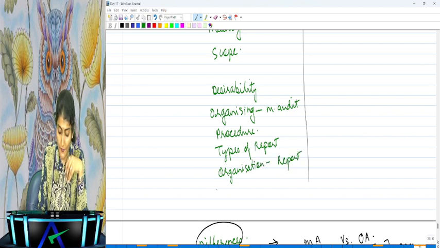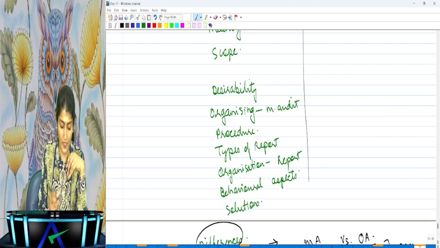And then you have some behavioral problems, or behavioral aspects, which are encountered in the management audit. And then what are the solutions to those behavioral problems?